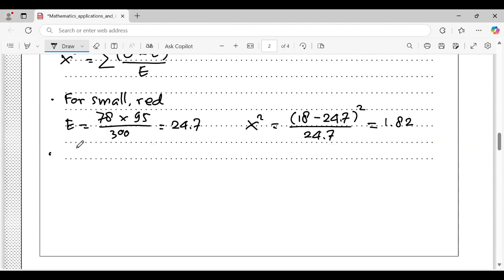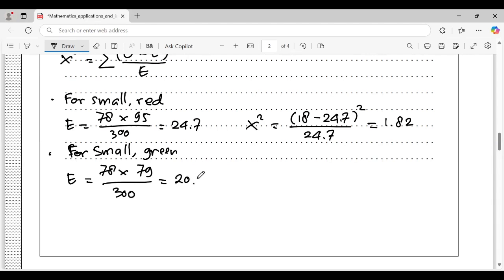The second is small green. Small green, the expectation is 78 times 79 over 300.